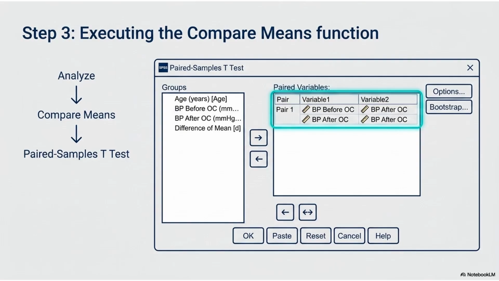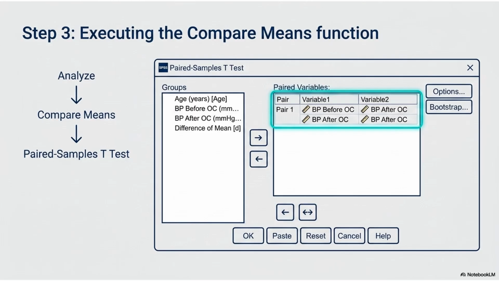Step 3: Executing the compare means function. The research question is: does the drug significantly reduce blood pressure in patients? Go to Analyze, Compare Means, and Paired Samples T-Test.